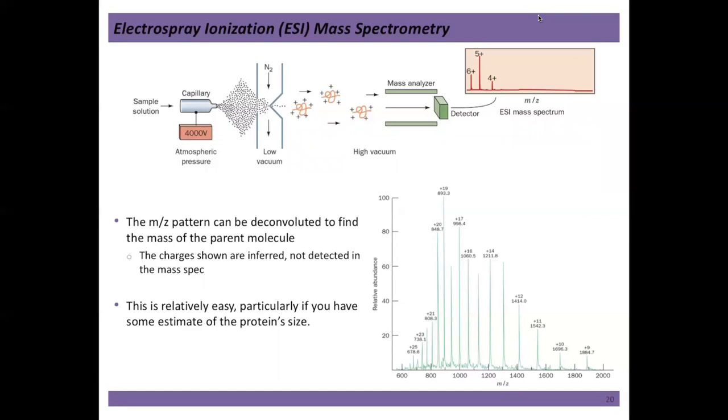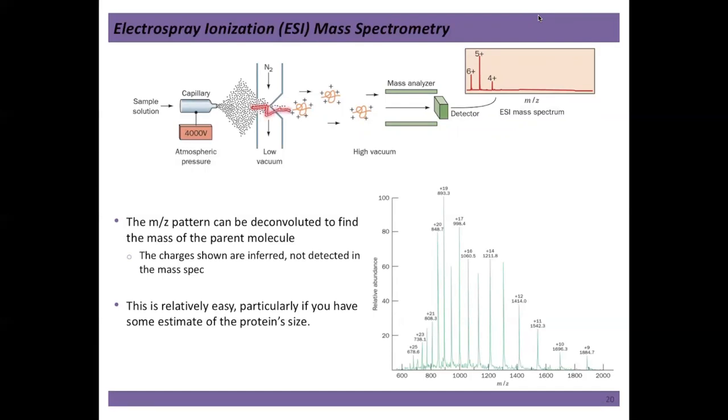What you want to do is just charge the protein. And so what they do is you put a sample in and you put it through an incredibly high voltage. And what happens is charge gets stuck on that protein. And then what you do is you put it into a low vacuum. And, well, sorry, you atomize it. You put it into very small droplets, and then you put it into a vacuum. And the solvent evaporates.